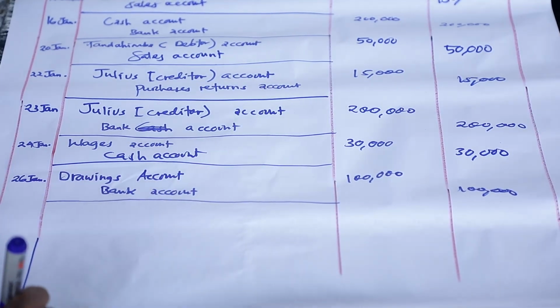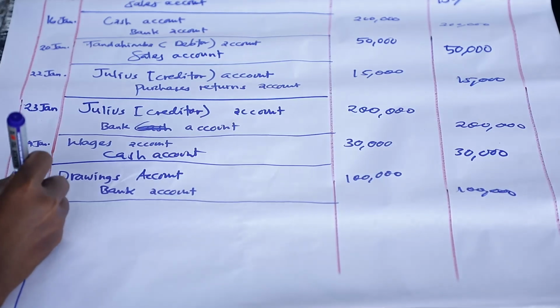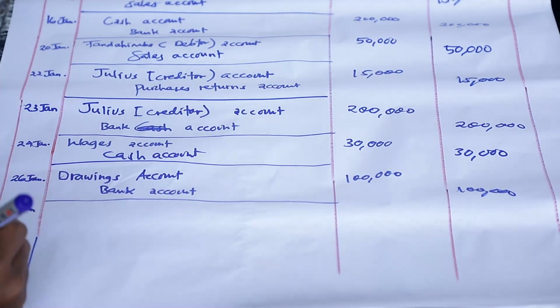that it is, and you're going to the next date, which will be on 27th January. So purchase goods from Frida Wozi 150,000, promising to pay them later. So here we have two accounts. We have the purchases account because tumenunua goods, and also we have the Frida account whereby Frida atakuwa kama accounts payable au creditor.